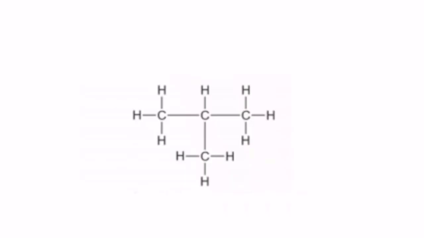The branch name becomes a prefix before the prefix of the number of carbon atoms. I don't know if you understand that.